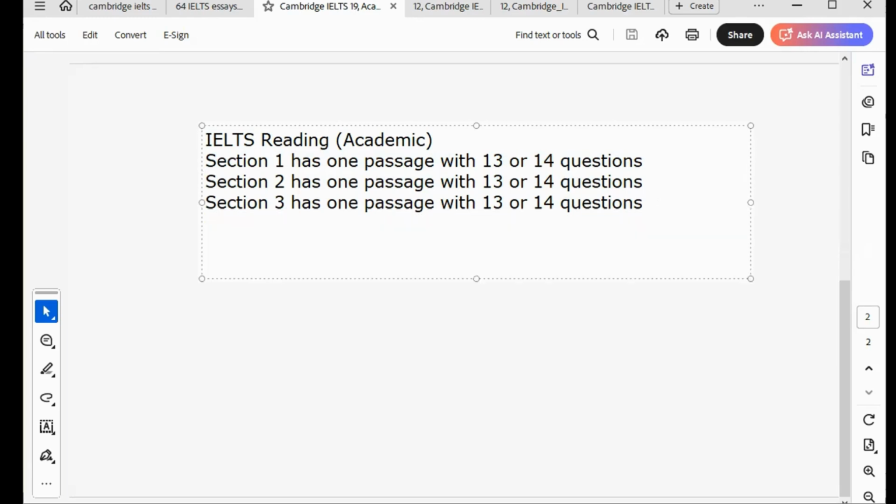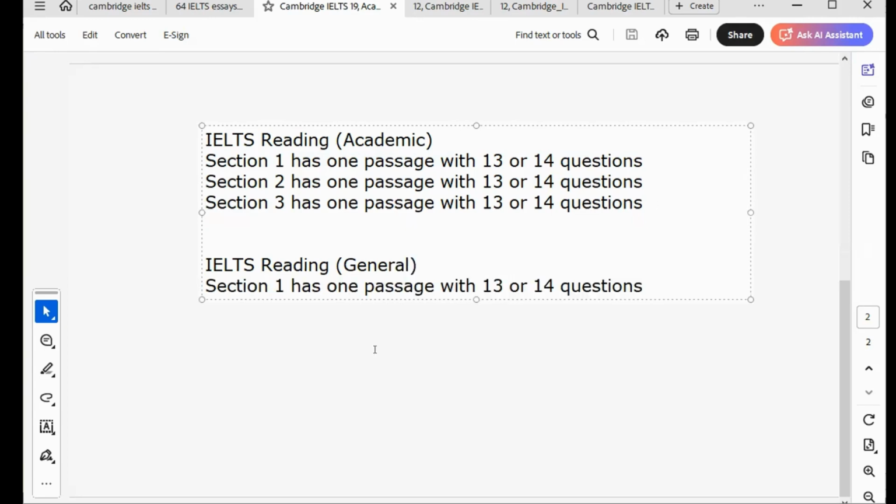But IELTS General, for IELTS General, there's a slight difference. Section 1 of IELTS General has 2 passages, okay, with a total of 13 or 14 questions. Okay, so passage 1 in section 1 can have 6 or 7 questions.